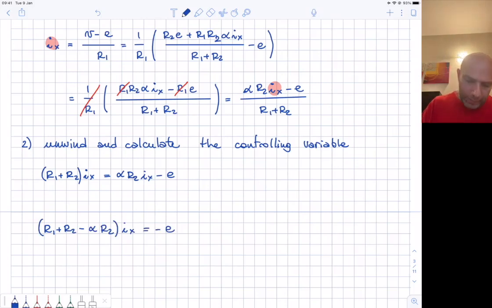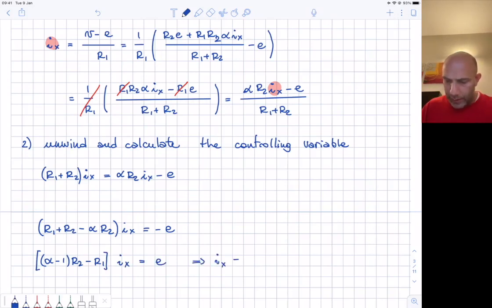So we have ((α − 1) R2 − R1) Ix = E, and so we can obtain Ix as E over the previous part in square brackets, (α − 1) R2 − R1.